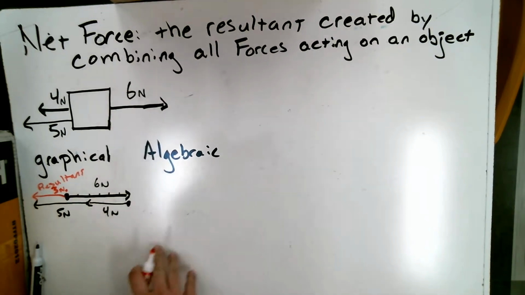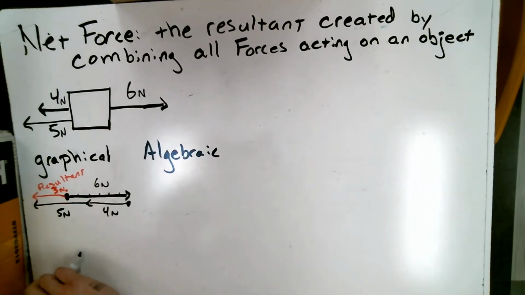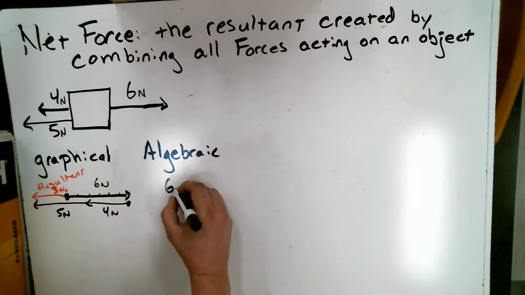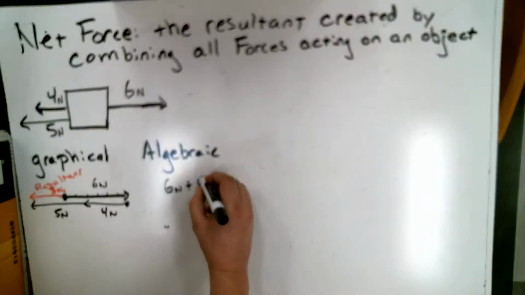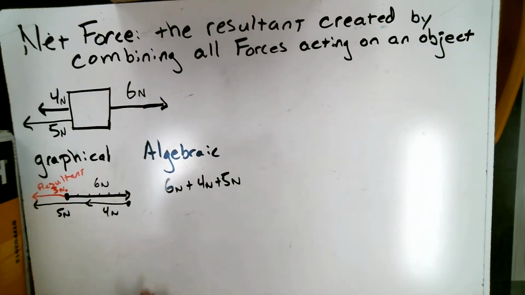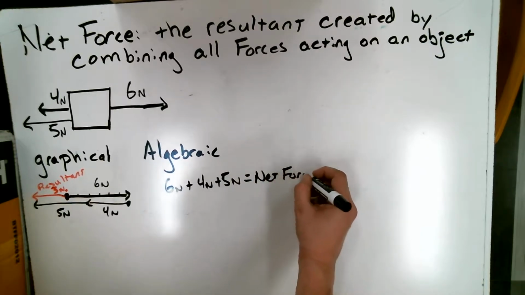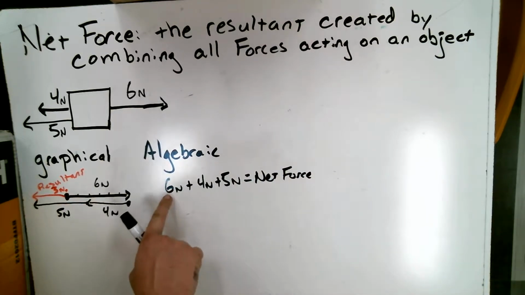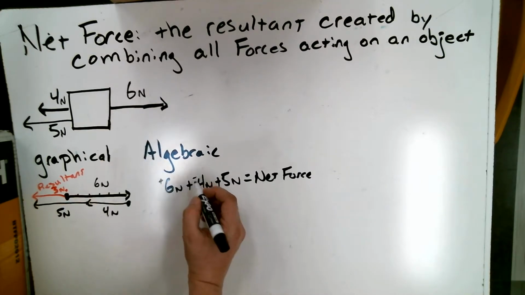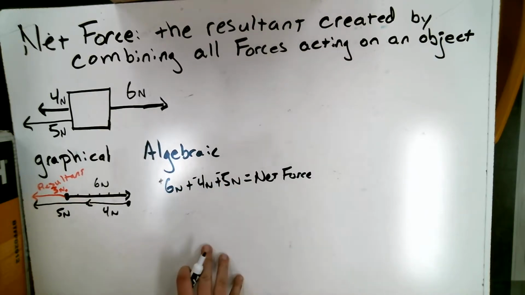Algebraically might be a little bit more straightforward. We are going to do the same thing here. I have a 6 Newton force combined with a 4 Newton force combined with a 5 Newton force, and this will give me my net force. Now, the 6 is to the right, so it's positive. My 4 Newtons is to the left, which I'm going to assign as negative, and the 5 Newtons is to the left, which is also negative.